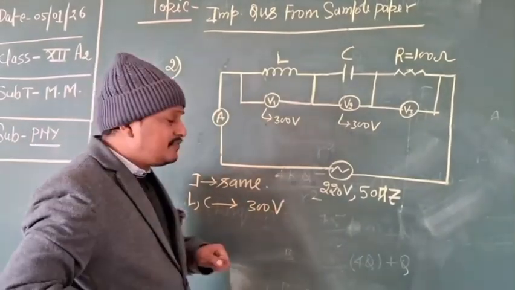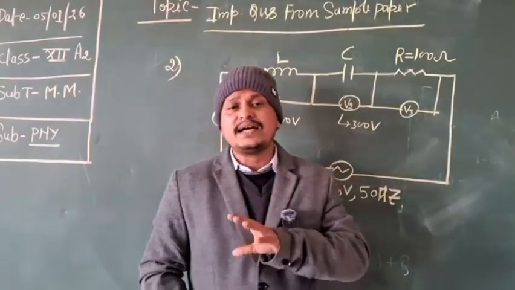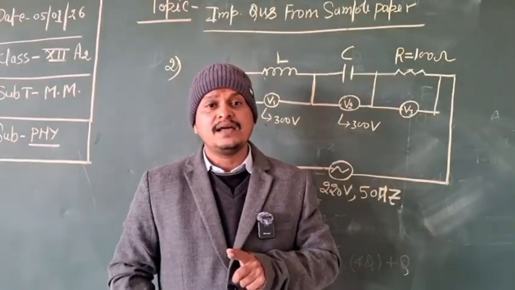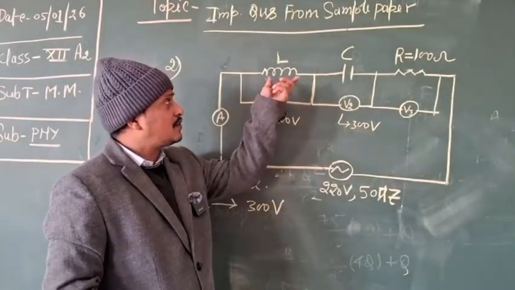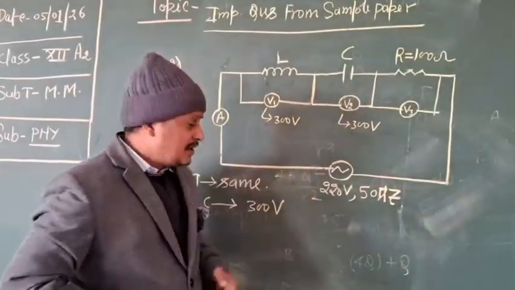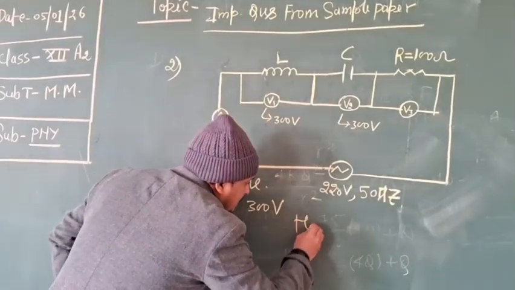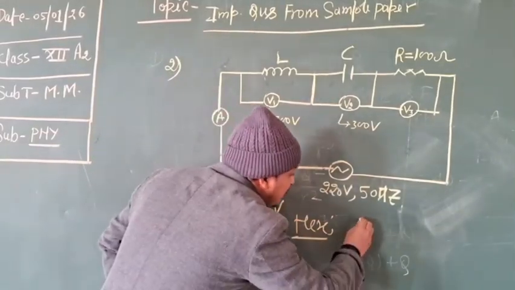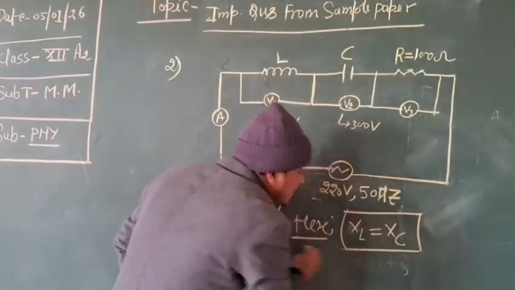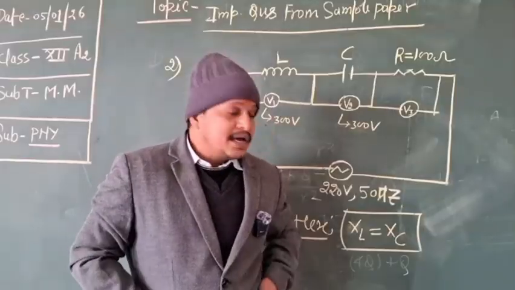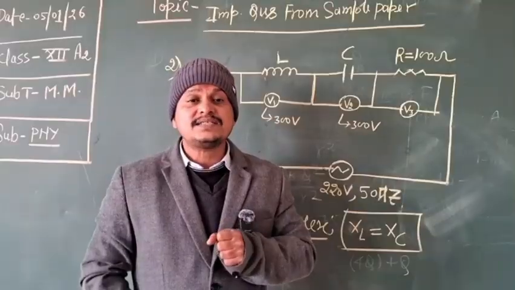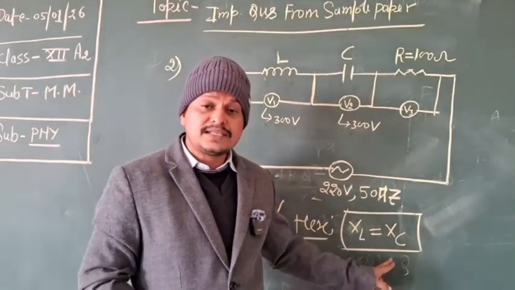If the voltage and current are the same, then the inductive reactance across L and the capacitive reactance across C will be equal. Here you can write XL equal to XC, and this is very important. It is the condition for resonance.